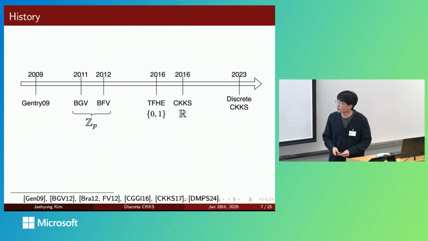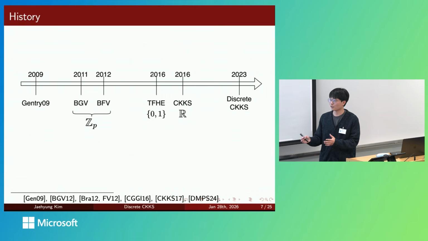Since the invention of fully homomorphic encryption, there have been many FHE schemes that fundamentally and practically improved the performance of FHE. In the beginning, it was really slow.